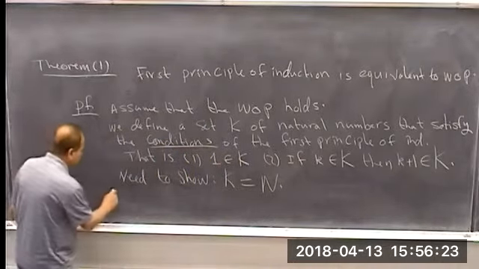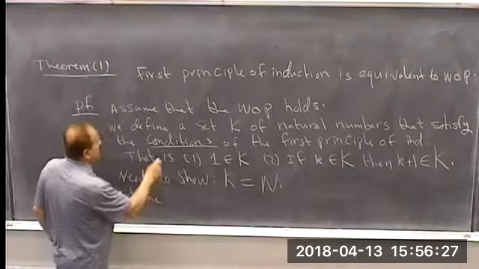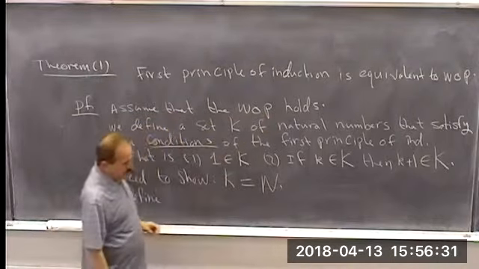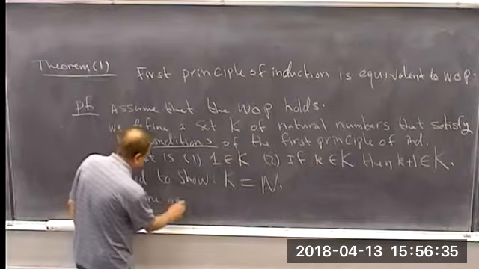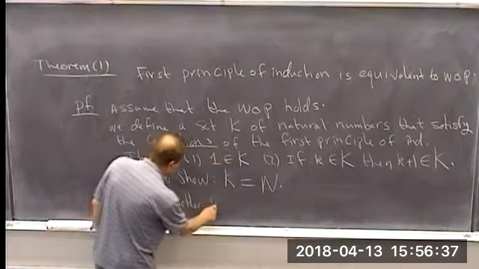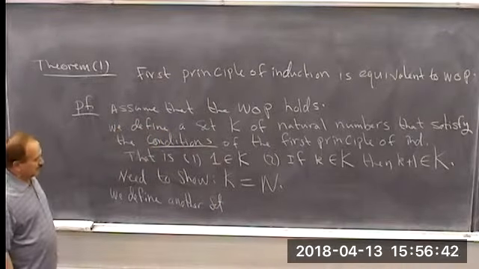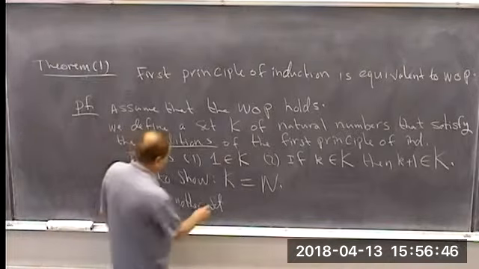To achieve this, we need to define another set that we're going to apply the well ordering principle to. This set is basically going to be the complement of K, but I will define it without referring to the word complement.